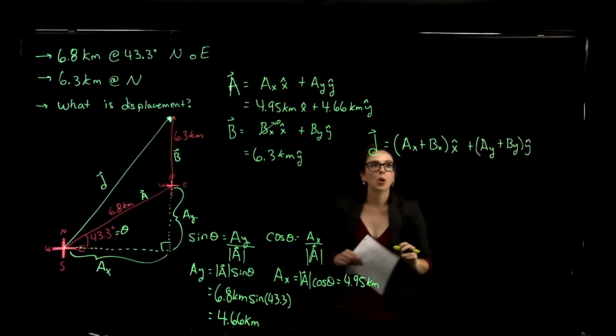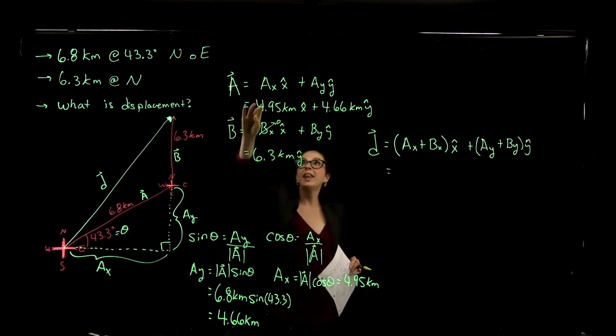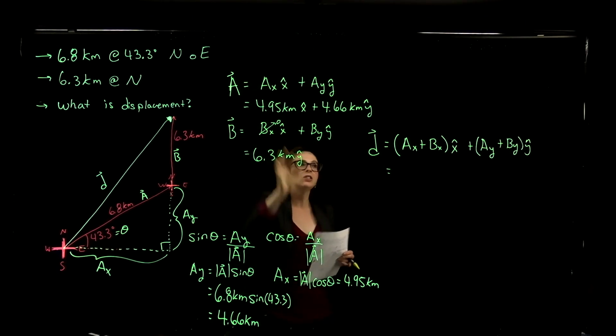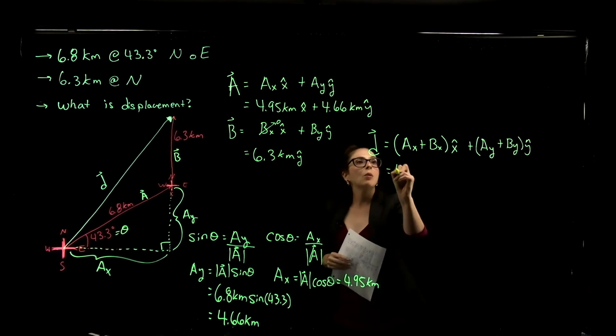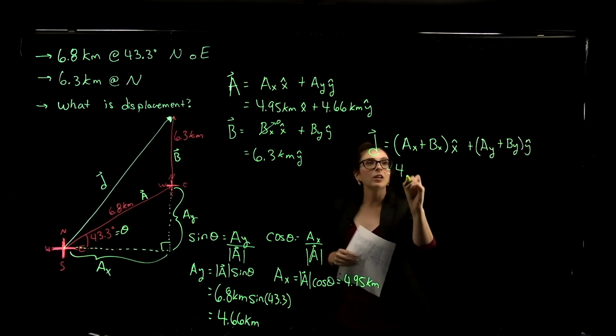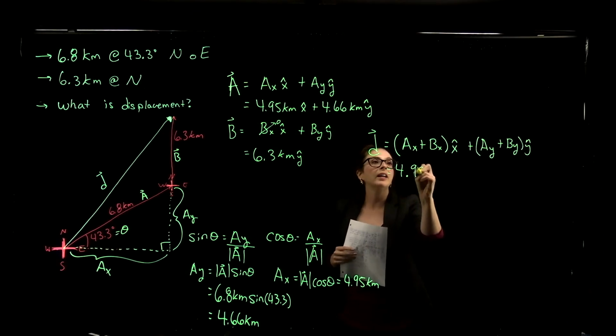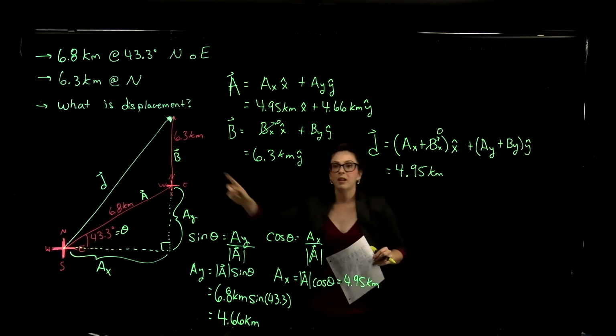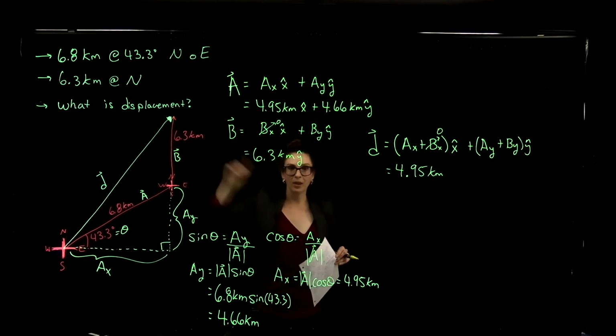So then we've got AX, which is 4.95 kilometers, plus there is no BX. So the X component of my displacement vector is just 4.95 kilometers because this BX term here is 0.